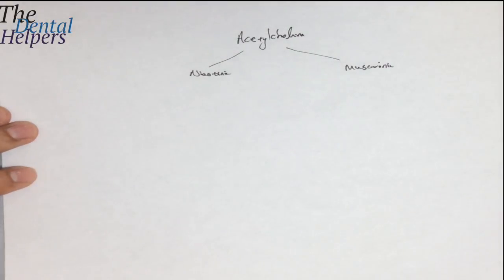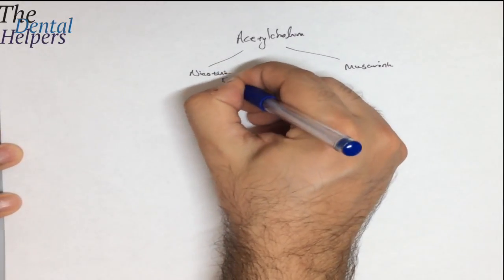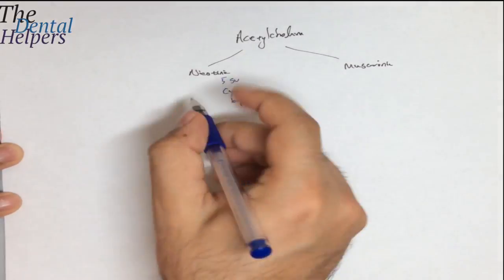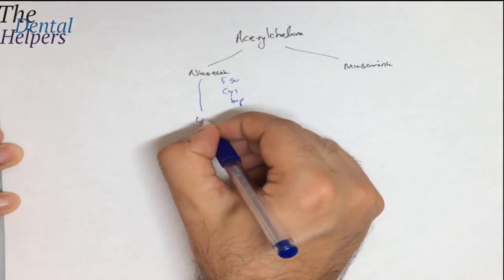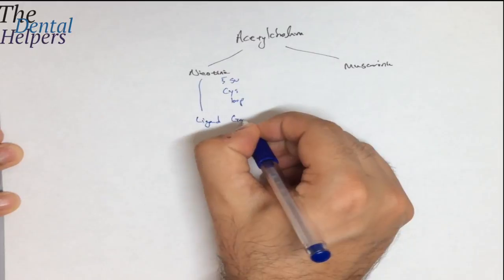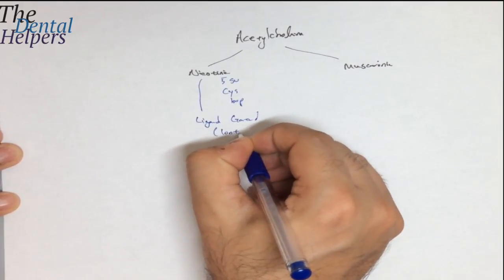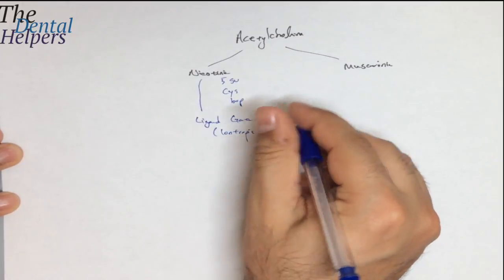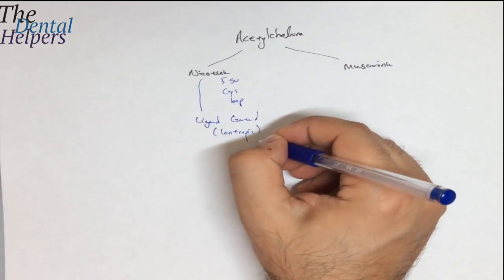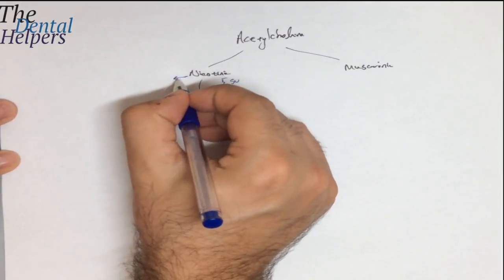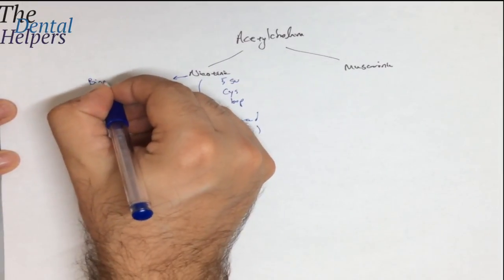The nicotinic is a 5 subunit cysteine loop, and it's ligand gated. And we've already learned that ligand gated is ionotropic, which means that it's going to be very fast. So some of the properties of the nicotinic are they bind acetylcholine.